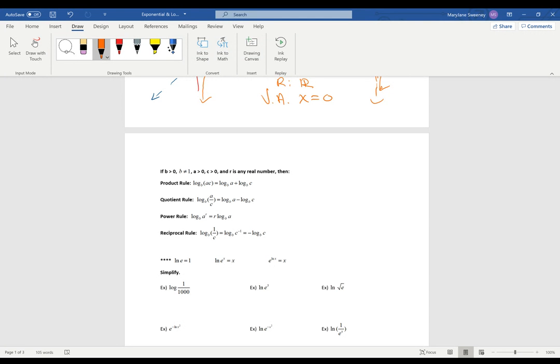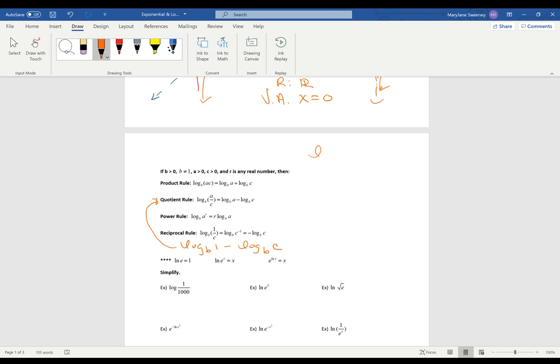If you think about it, to talk a little more about this one, the quotient rule said log base b of a quotient, right? That's log base b of 1 minus log base b of c. That's how we could write it based on this rule up here. Log base b of 1, though, is 0, because it's asking b to what power gives you 1.